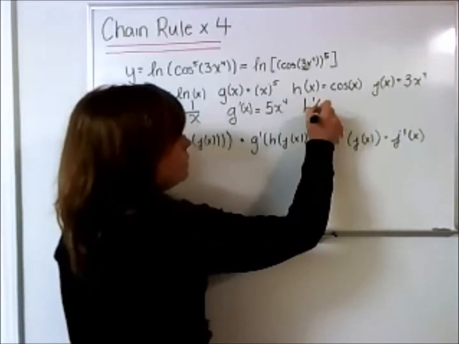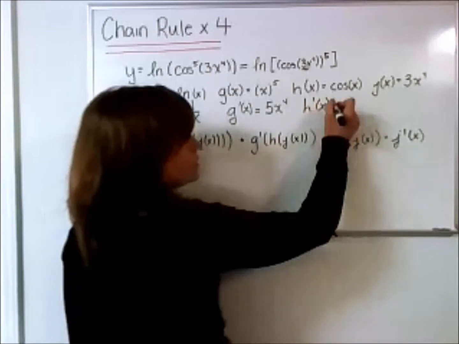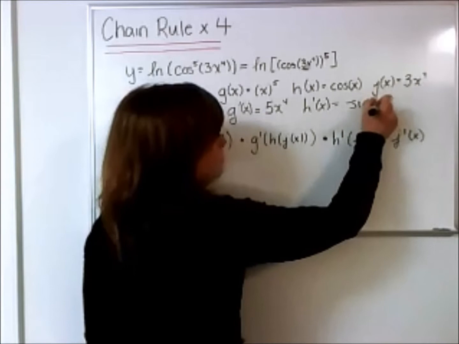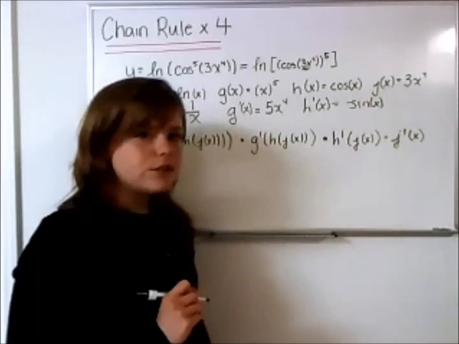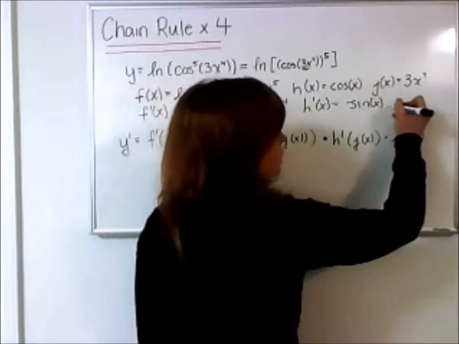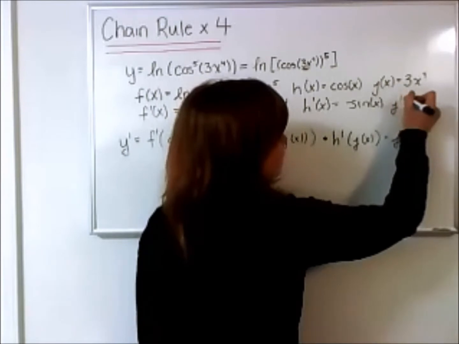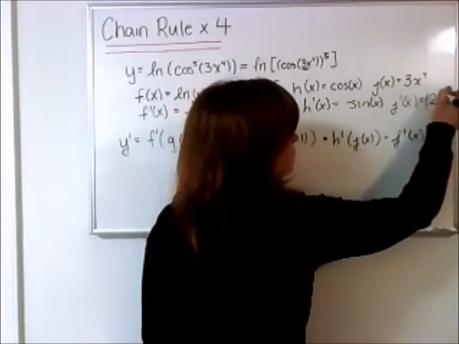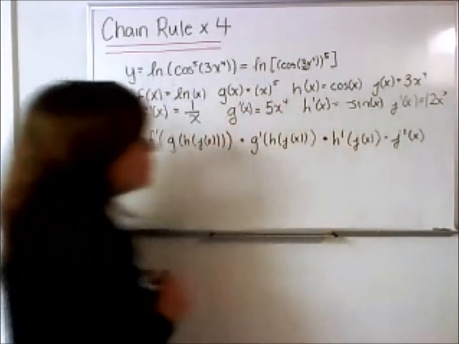H prime of x, the derivative of cosine of x, is a negative sine of x. And finally, the derivative of j, we get j prime of x to be 12x cubed, using the power rule.